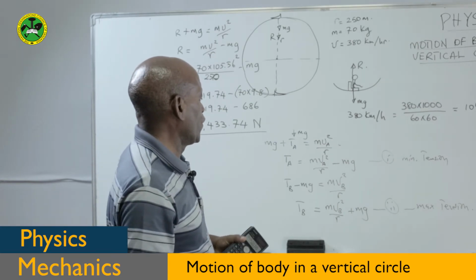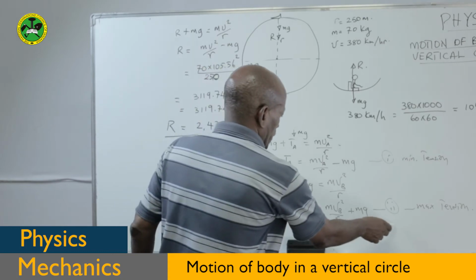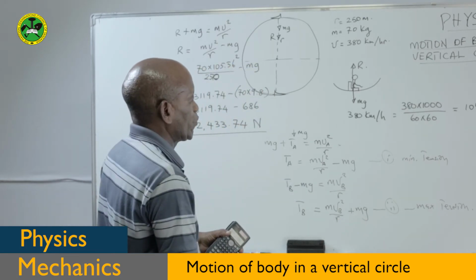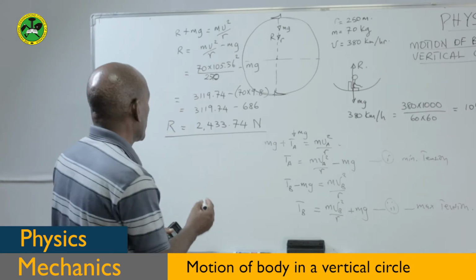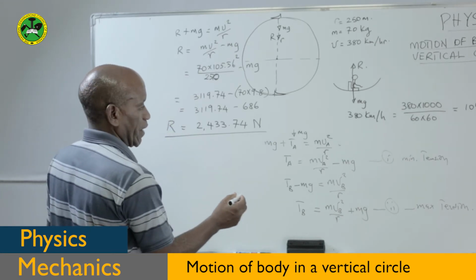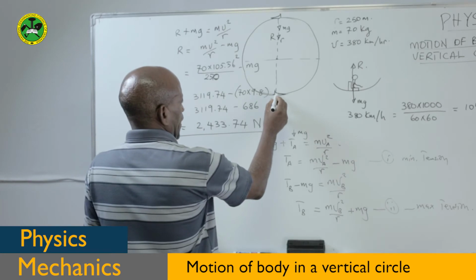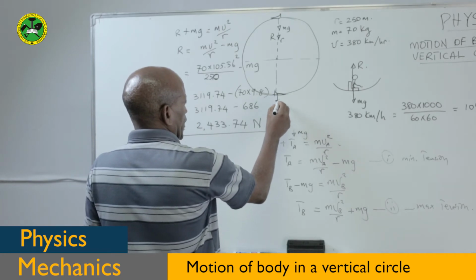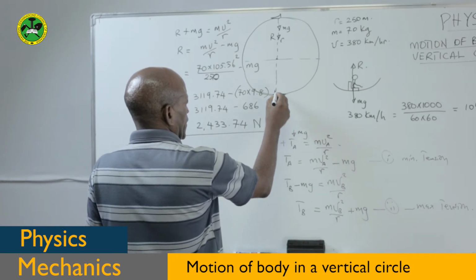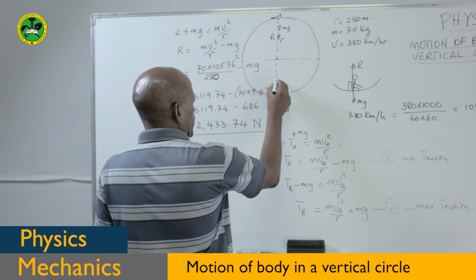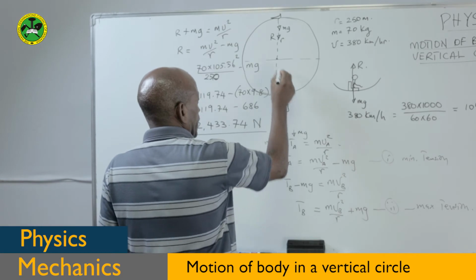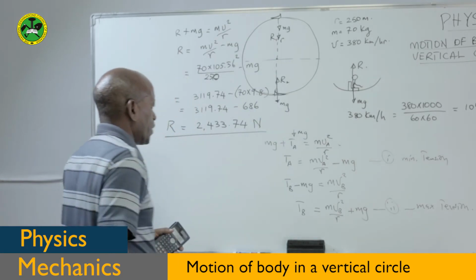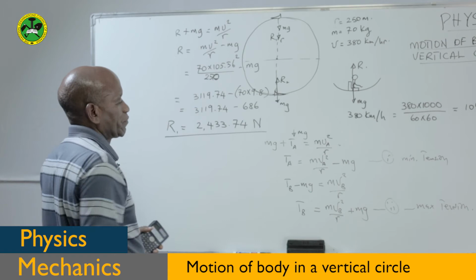So at the bottom of the loop, we are going to use equation number 2 and solve this. His weight is mg acting downward, but the reaction from his seat is acting upward there. Let me call this R2. This is R1 at the top.